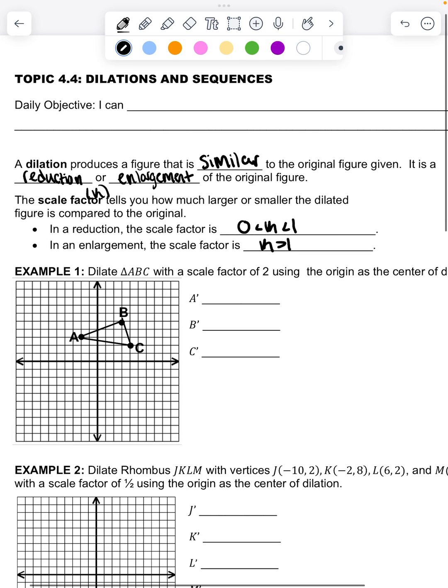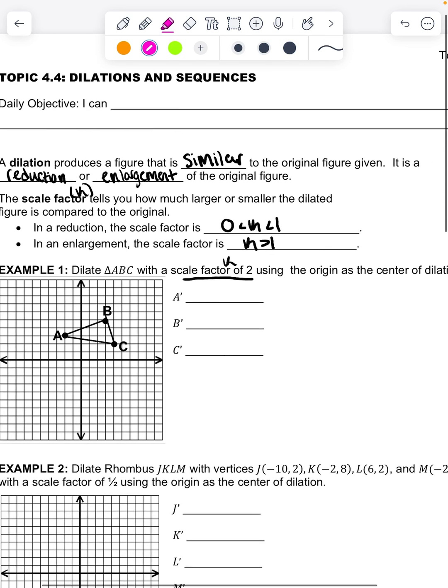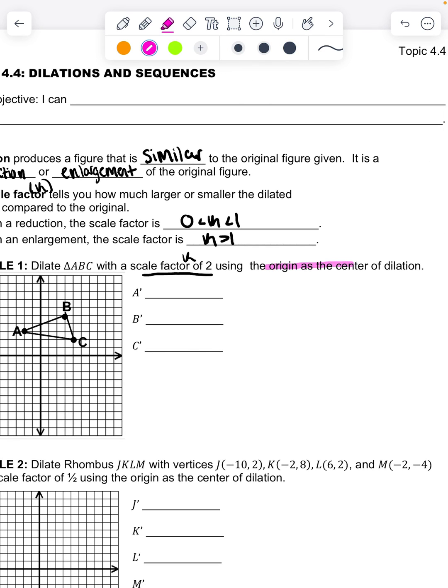So in example 1, we are going to dilate triangle ABC with a scale factor of 2, so that's your K value, using the origin as the center of dilation. I want you to highlight that or underline it, whatever you have with you is fine. So you're using the origin. The method we're about to use here can only be used when the origin is our center, okay?